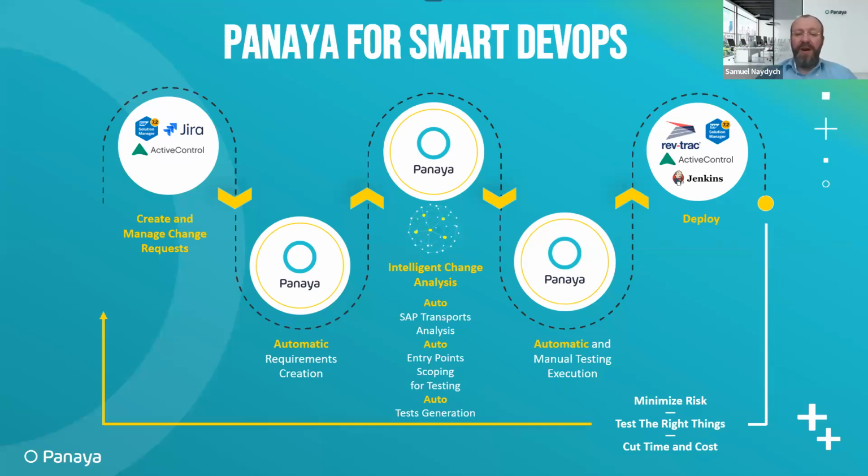All the transports are analyzed, automatically creating the list of the impact, which helps to understand which parts of the system have to be tested, how to scope the test, and helps with detecting gaps in the existing testing library, fixing these gaps, and making sure that the requirement is introduced after testing everything that is necessary.